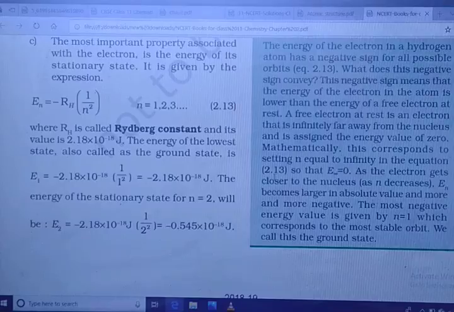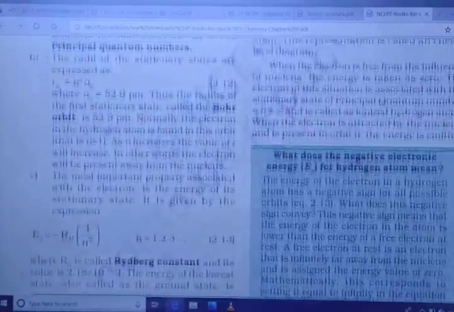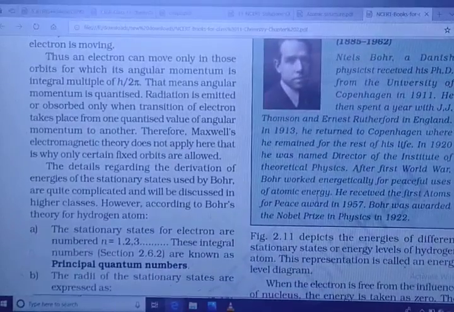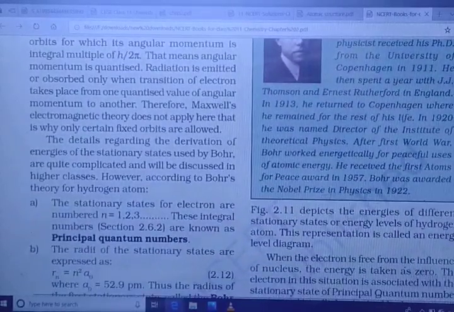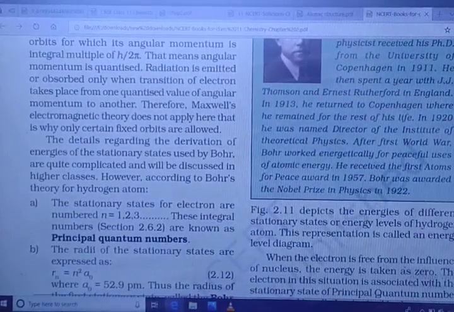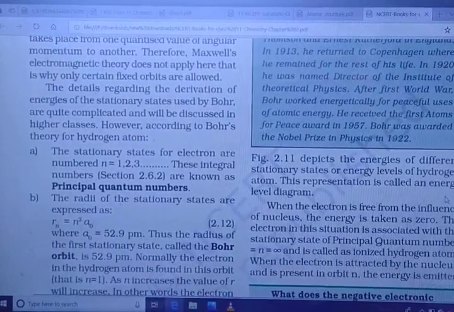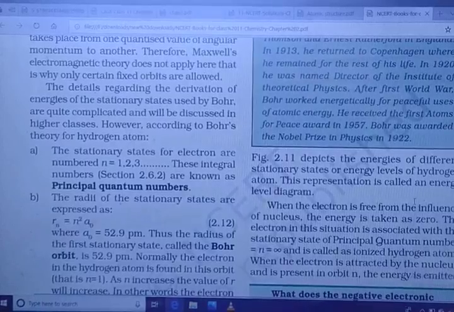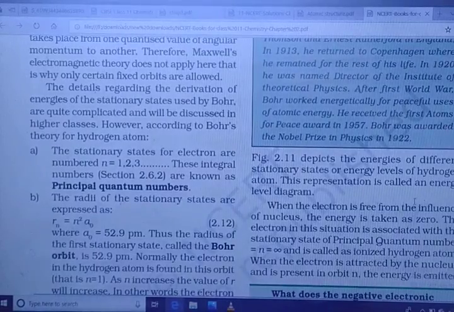That was for the second energy level. So Niels Bohr depicted the energy of the different stationary states of energy levels of the hydrogen atom, and this representation is called an energy level diagram.